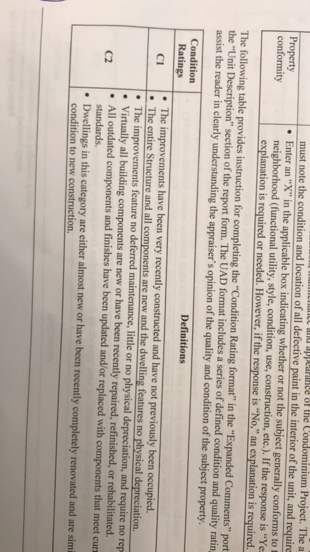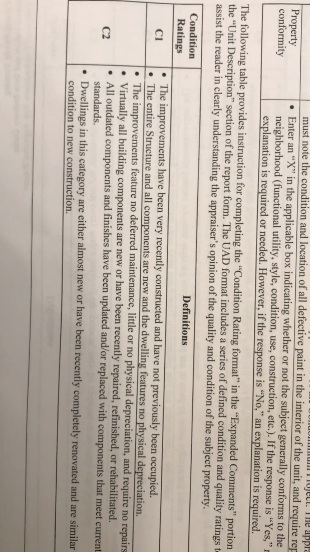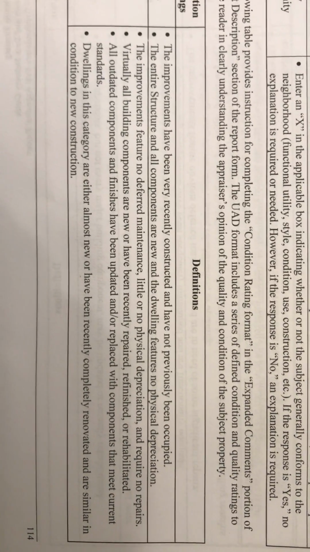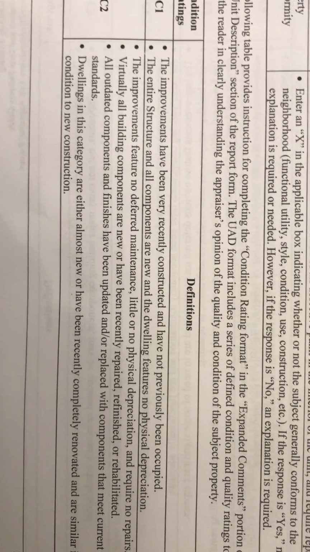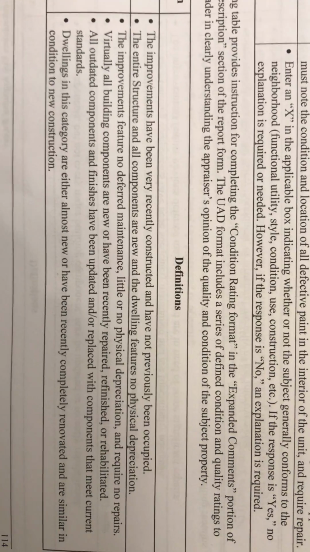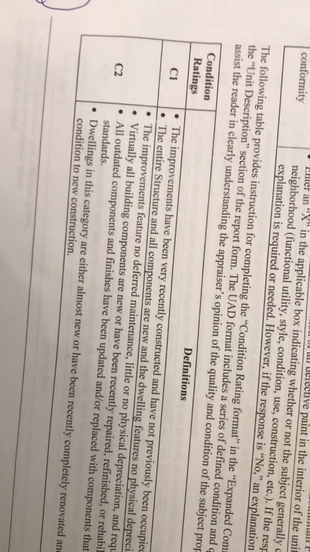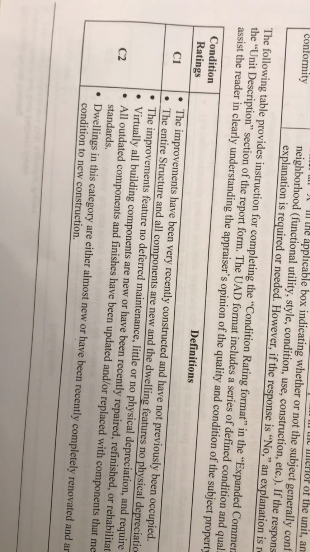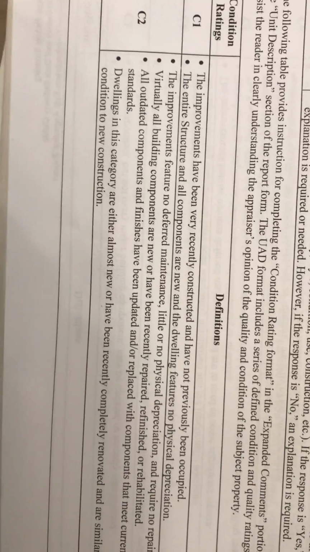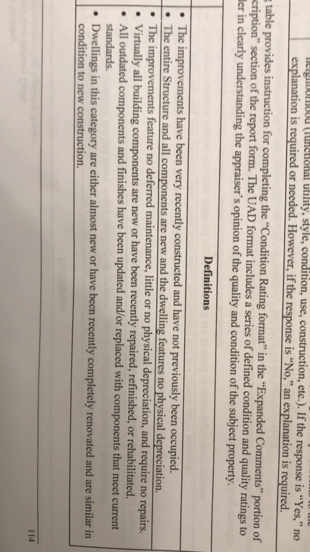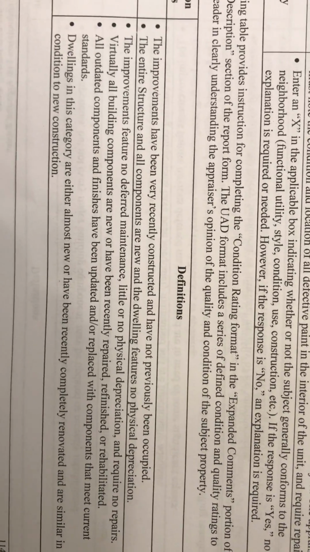Condition rating C1. Definitions: the improvements have been very recently constructed and have not previously been occupied. The entire structure and all components are new, and the dwelling features no physical depreciation. Condition rating C2. Definitions: the improvements feature no deferred maintenance, little or no physical depreciation, and require no repairs.